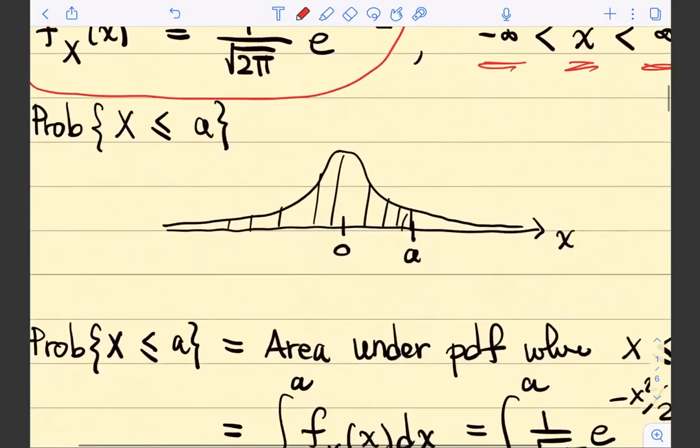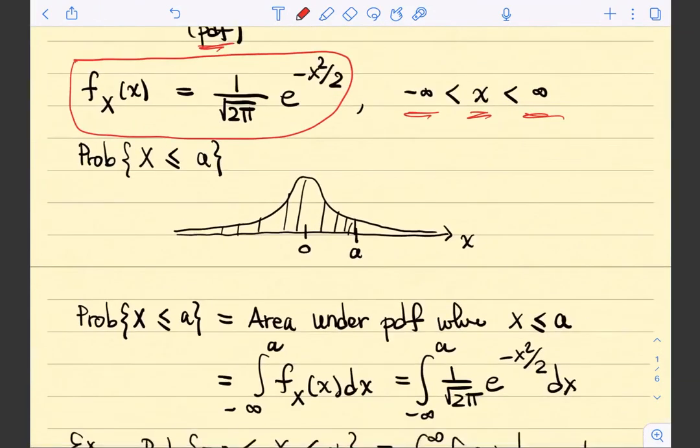Now, what does this density do for us? Hopefully this is a review. You can find the probability from this graph, which is the probability density, by looking at the area under the curve.